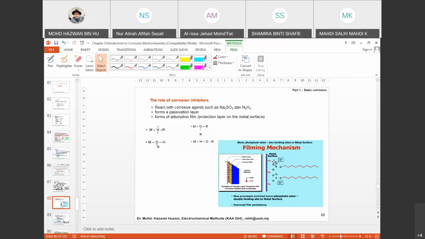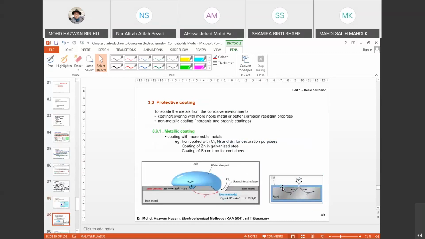So you can see, for example, this one: you have a phosphate. Phosphate reacted with a metal. It forms an interaction, so this will create something like a film. When you have this formation, of course, there's no further oxidation of iron, then the formation of rust could be reduced.